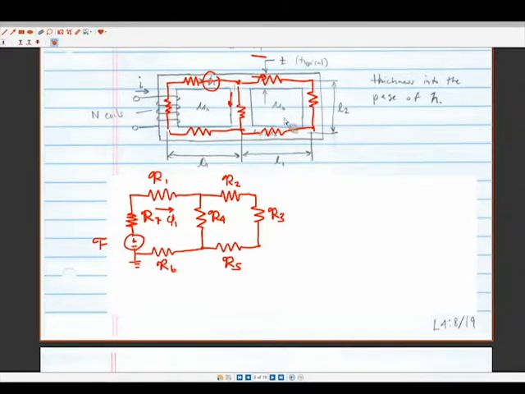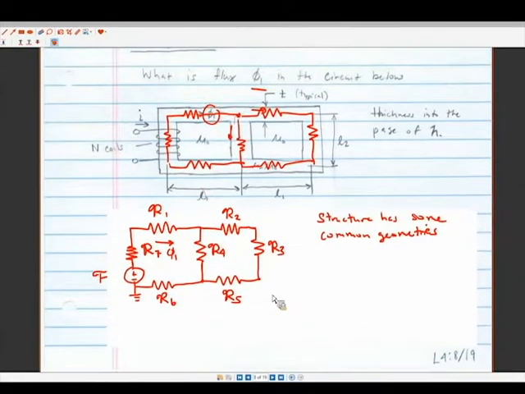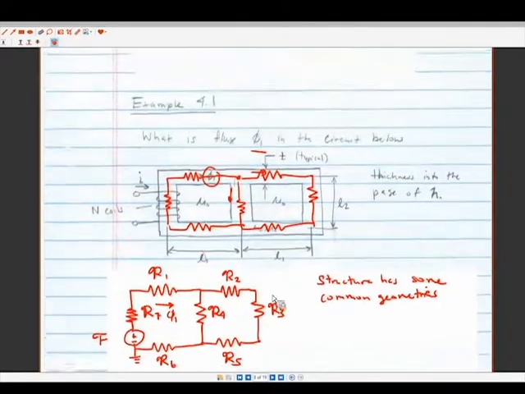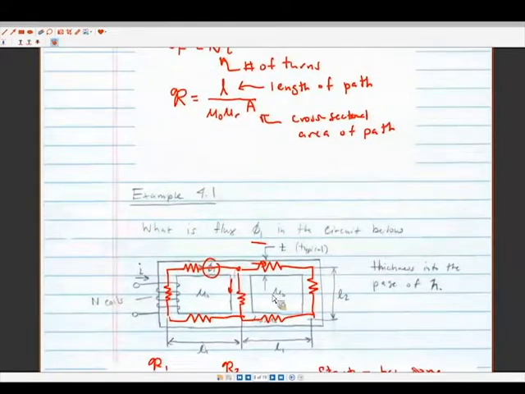Okay, so as a note, the structure has some common geometries. The reason for this statement is if we just look at the geometry, the reluctance is a function of geometry and the material that the structure is made of. So assuming the structure is made of all the same material, the reluctance is given by the length of that leg and the cross-sectional area of the path of that leg.